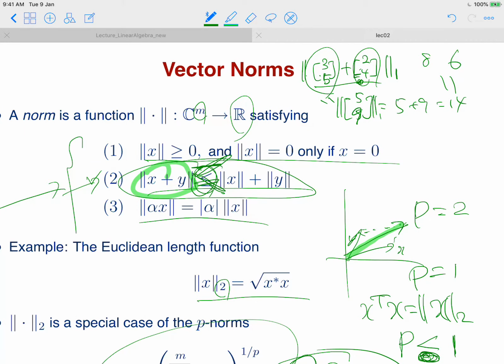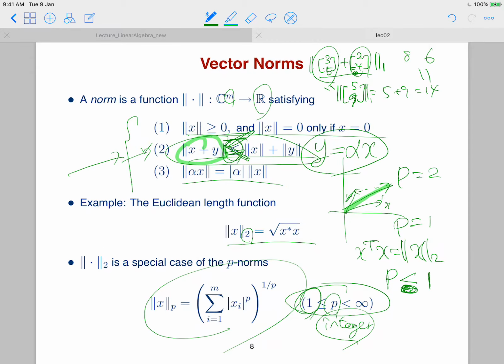If x and y are scalar multiples, or parallel, then the triangular inequality becomes an equality, right? And also, let me make one last comment. We usually use P larger than or equal to 1, but if it is less than 1, then it doesn't make this triangular inequality true, right?